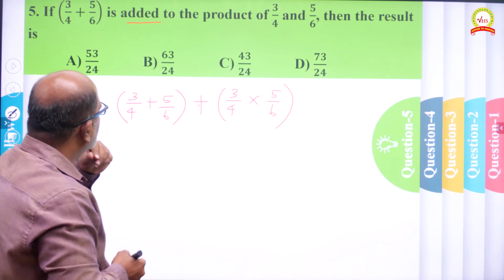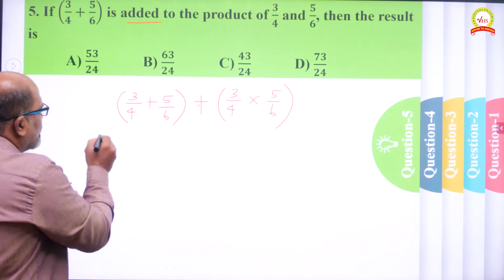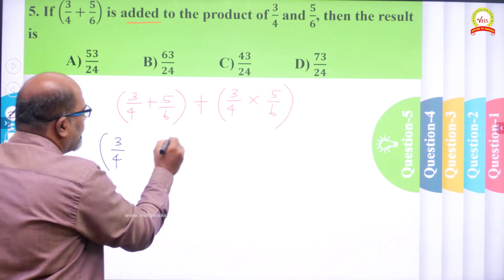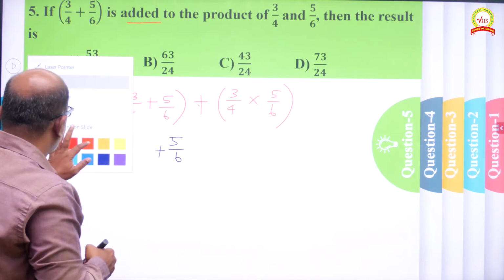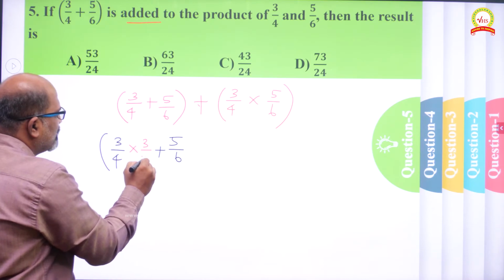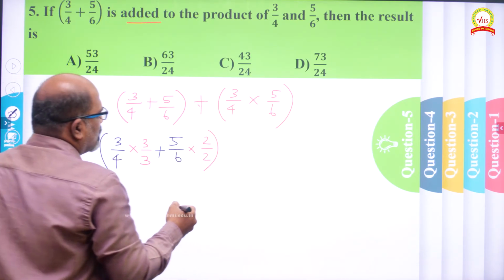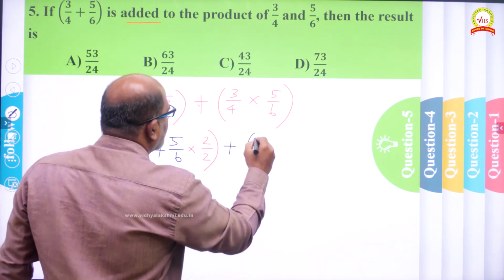To get the common denominator, I multiply by 3 here and by 2 here, and the remaining things I take the same.